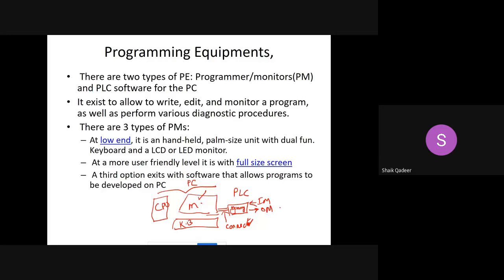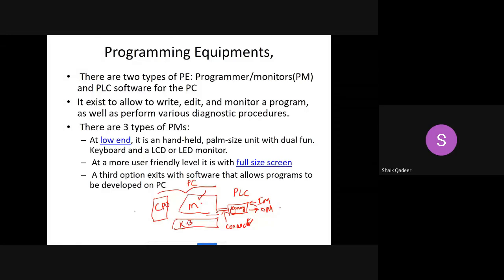If the PLC is already running an old program and we move in a new program, the old program will get erased, the new program will be added, and this program is executed. Then again the same process starts: the PLC scans the input module, runs this program, and updates the output. So this is the process.